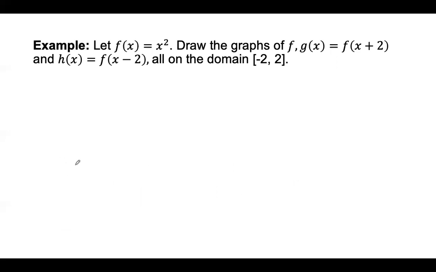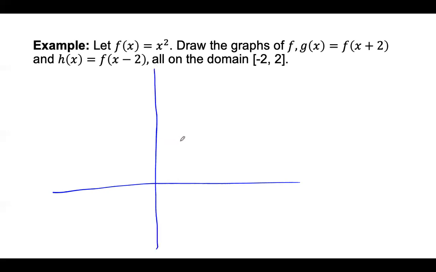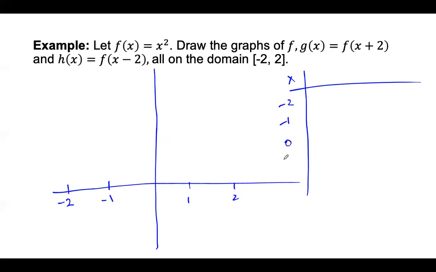So let's draw this one. It's a little bit more complex here, I find. It's been straightforward until this point. So we can do that table of values again. So -2, -1, 0, 1, 2, just choose obvious points. The function f of x, again, we know this is 4, 1, 0, 1, and 4.